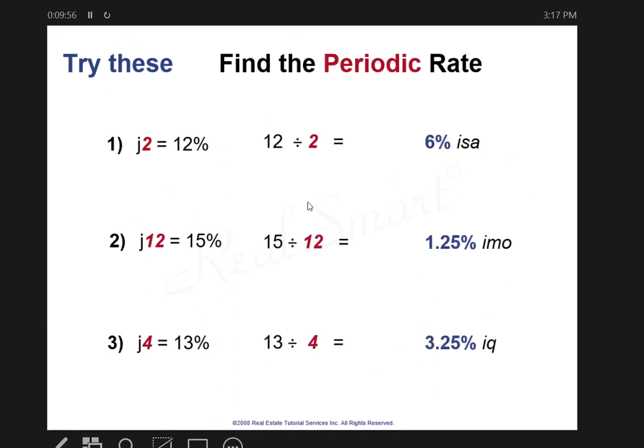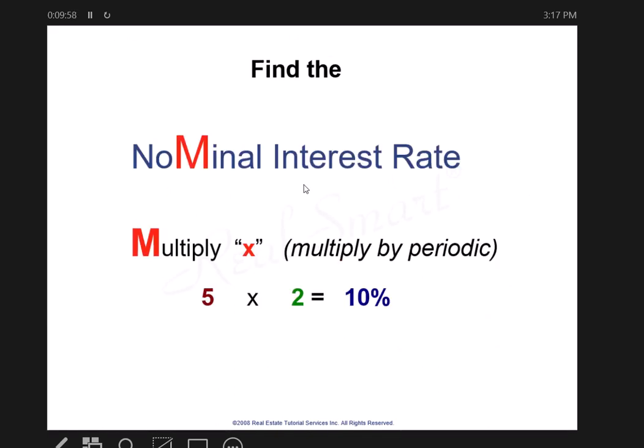Now, if you want to find the nominal rate, the UBC question gives you the periodic rate, like 1.5% per month, per day, per quarter, or 5% per day, per quarter, interest monthly. And we need to find what is the nominal rate that they're really charging? Well, look at the word nominal. It's got a great big M. So we multiply.